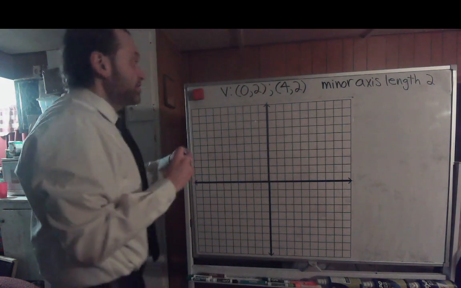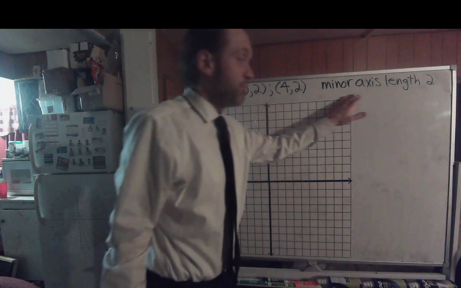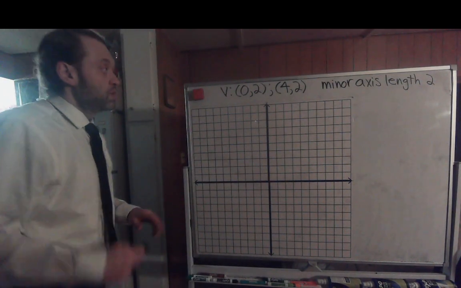Minor axis, length 2. All we're given are the vertices and the length of the minor axis.